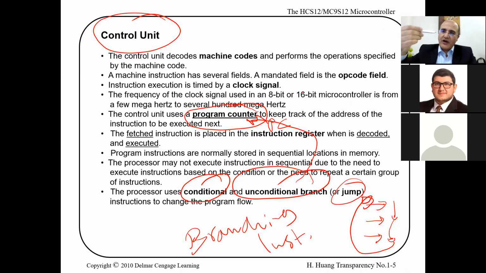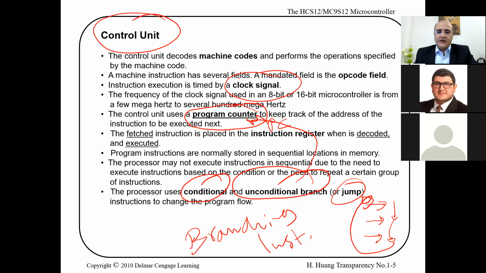How fast is the program counter moving? It depends on the clock signal. And accordingly, how long every instruction takes to execute also depends on the clock signal and on its nature, its length.